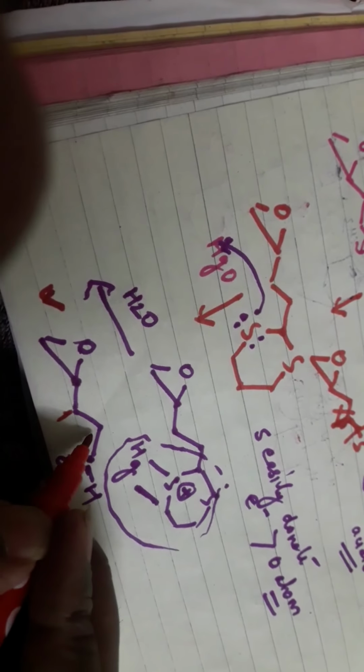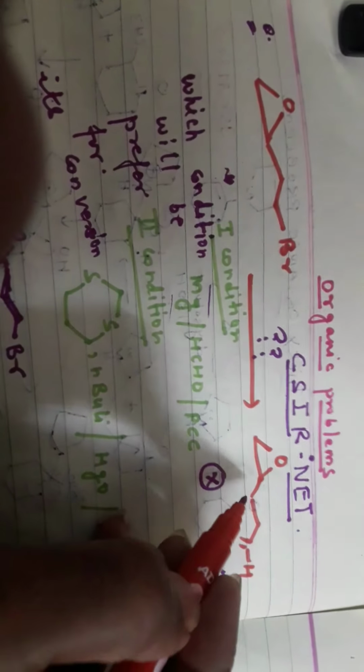If you match it, 2 carbons are here, and in your product also 2 carbons are here, 1 and 2, and again an aldehyde. So the preferred condition will be the second one. Understand? So we have solved your problem, and we will meet you again by taking another problem regarding this.